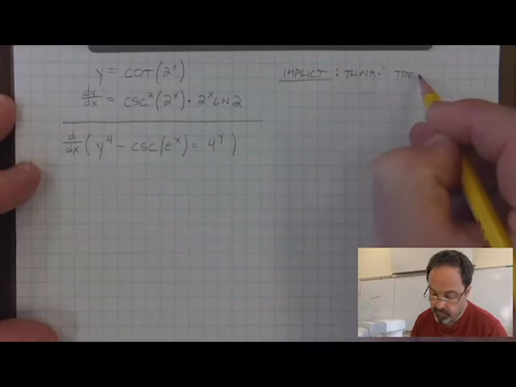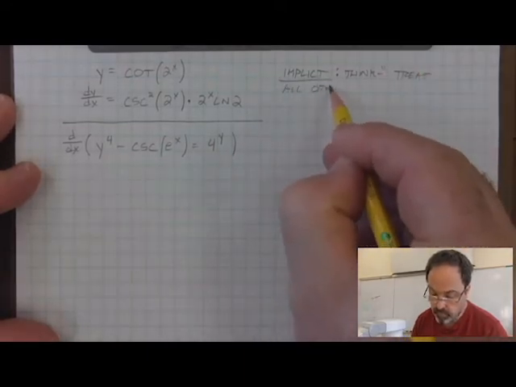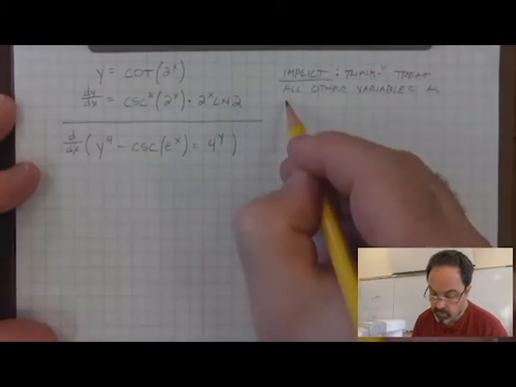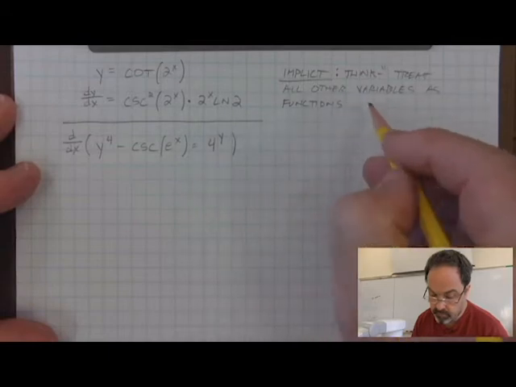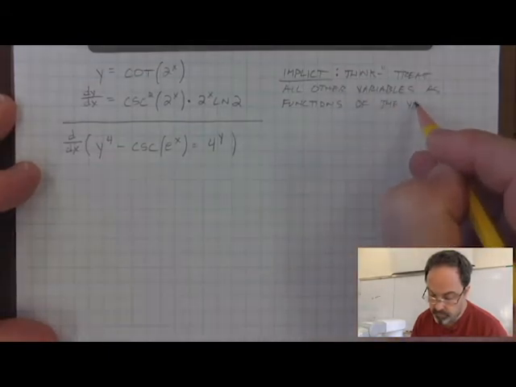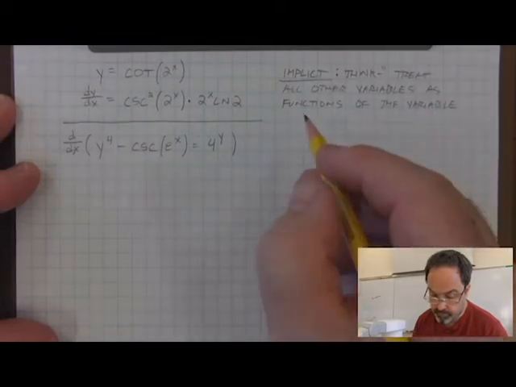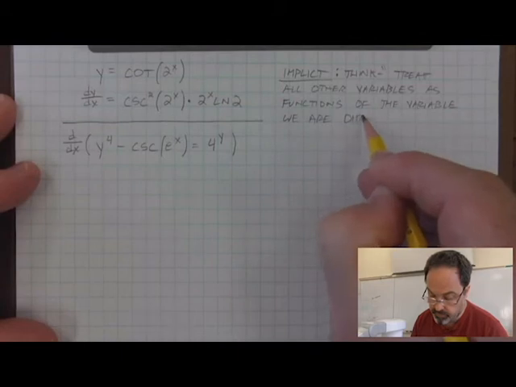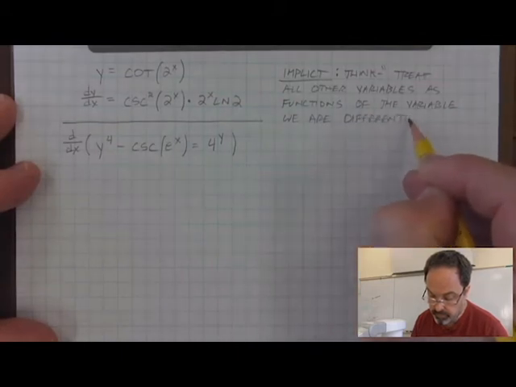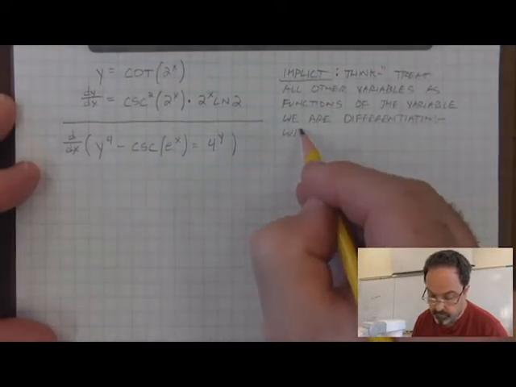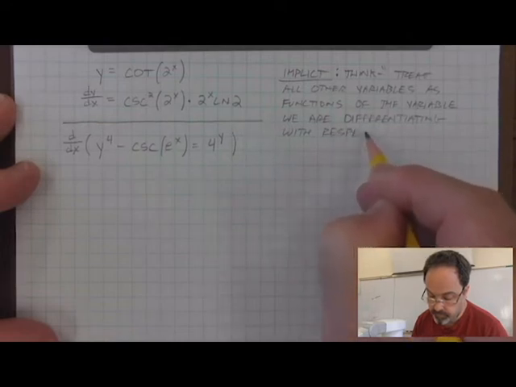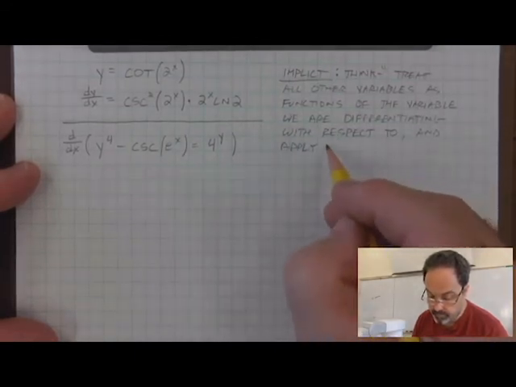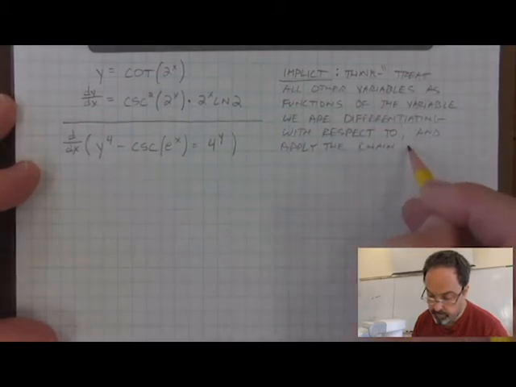We're going to treat all other variables as functions of the variable we are differentiating with respect to, and apply the chain rule.